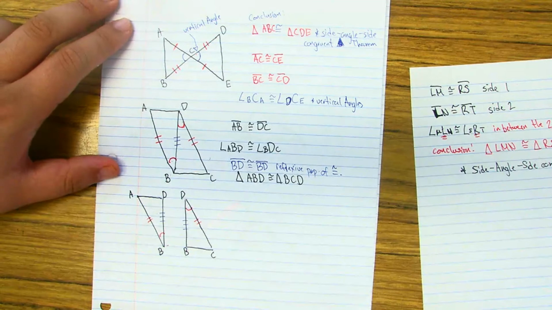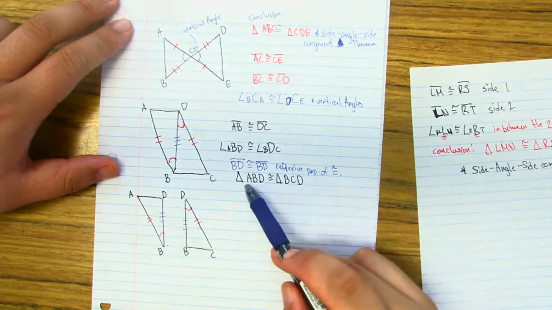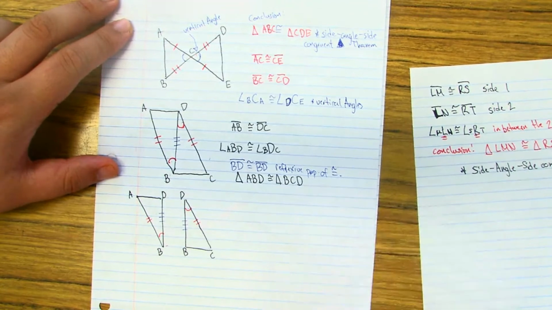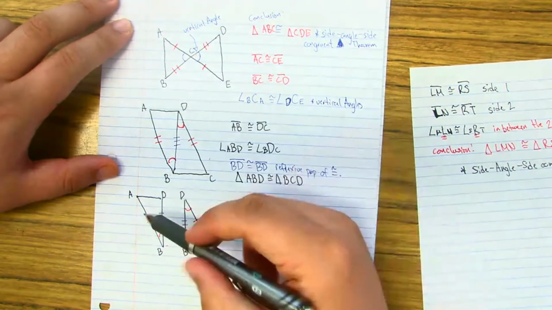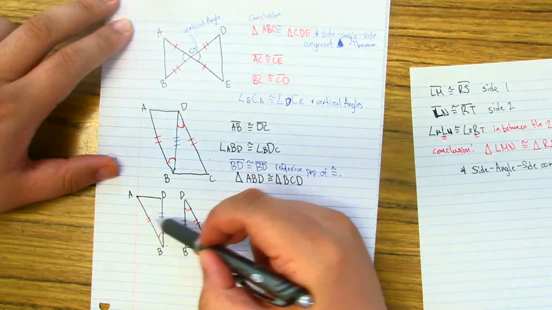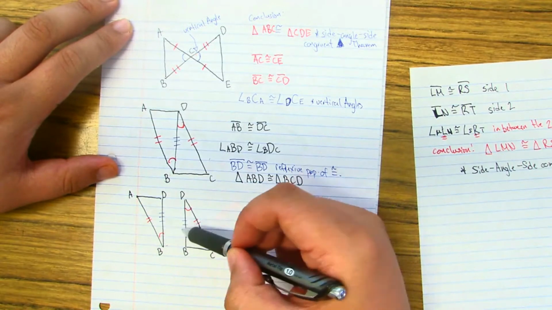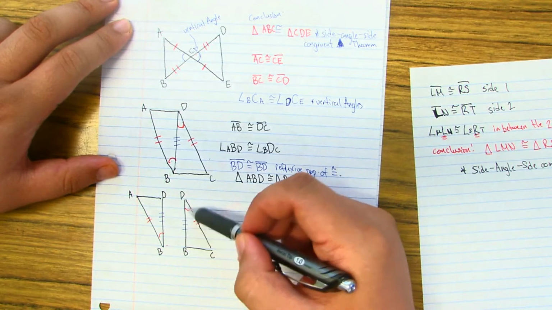So now we prove why the two triangles are congruent, right? You can say that there's two sides that are congruent and there's a congruent angle in between the two sides.